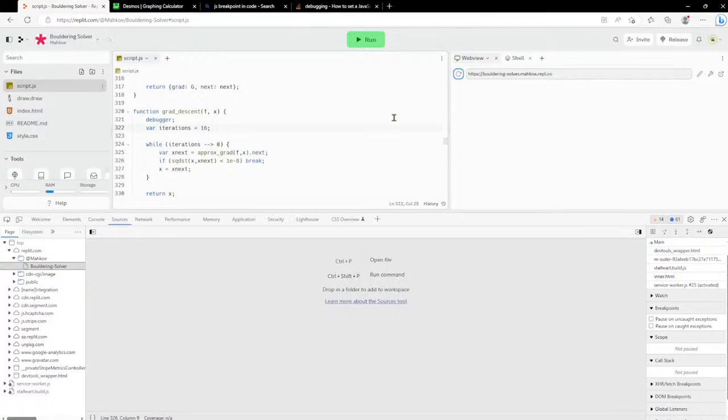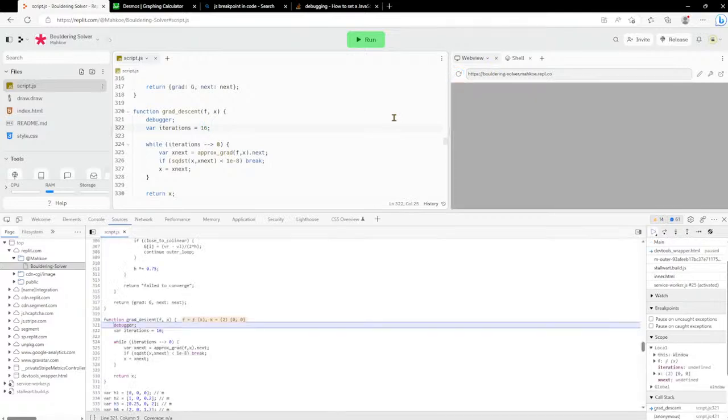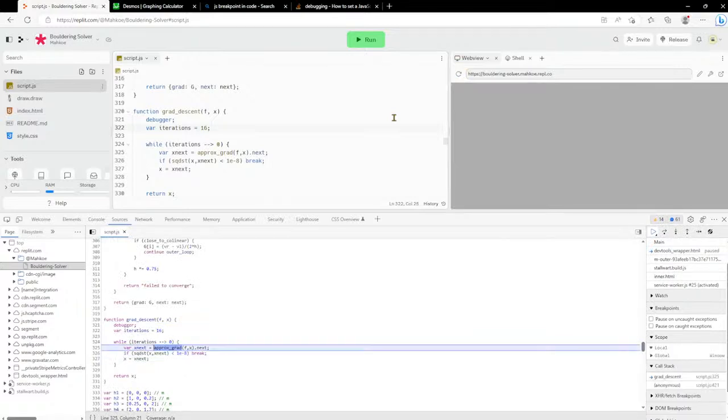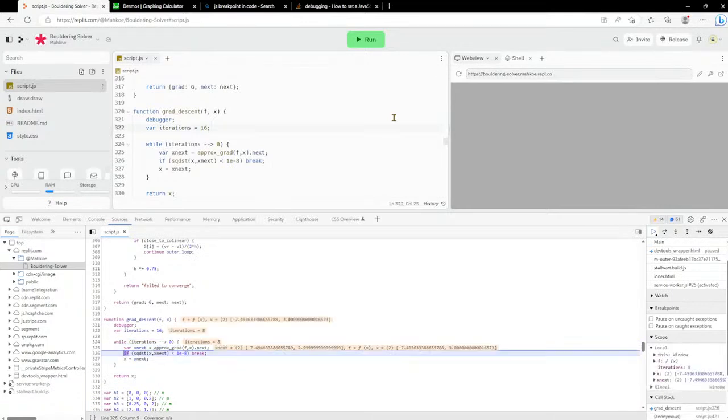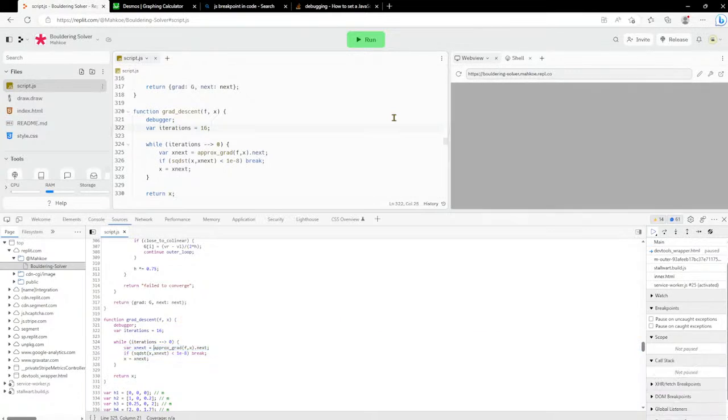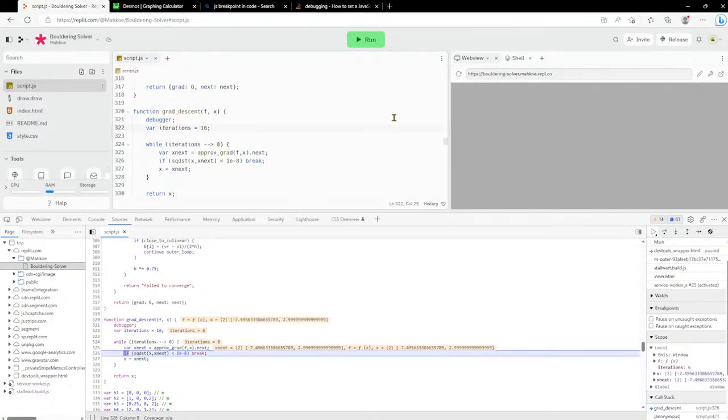I mean, it's not a pathological function, but it's close to it. Dude, those Y steps are just tiny. The X has managed to zero in, but the Y is really far away.